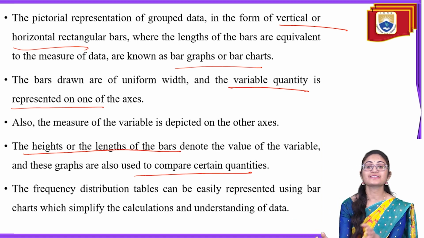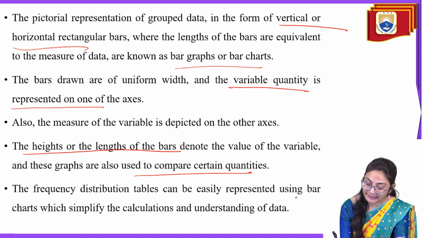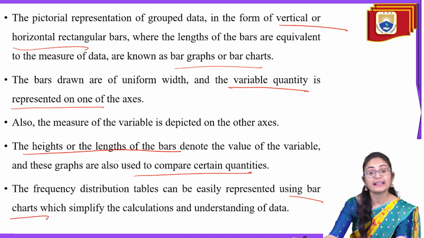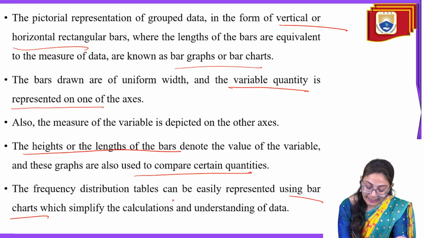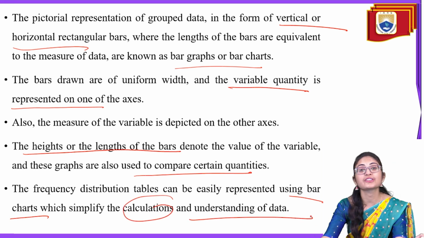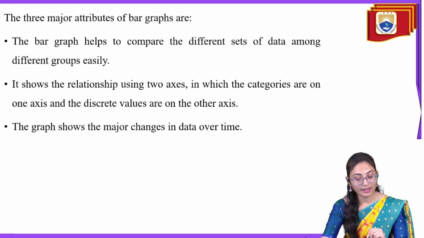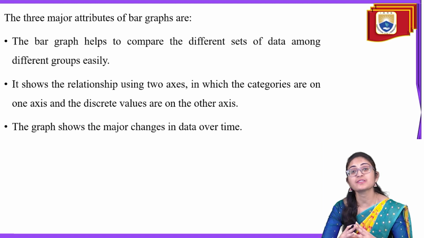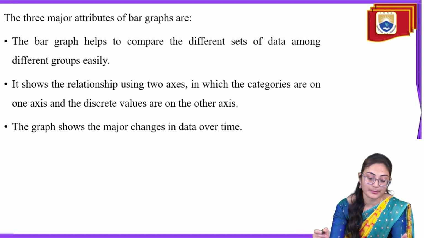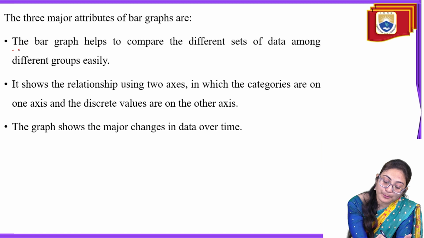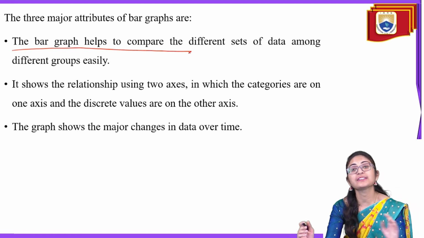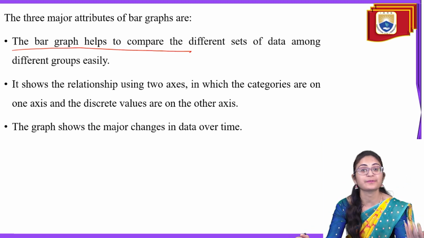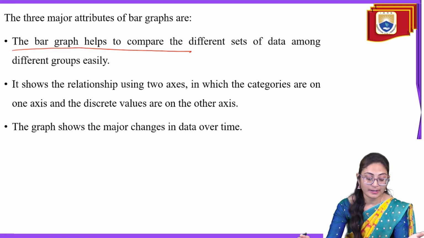Frequency distribution tables can easily be represented using bar charts, which simplifies some calculations and the understanding of the data. Now there are some major attributes of bar graphs. First, the bar graph helps to compare different sets of data among different groups easily.